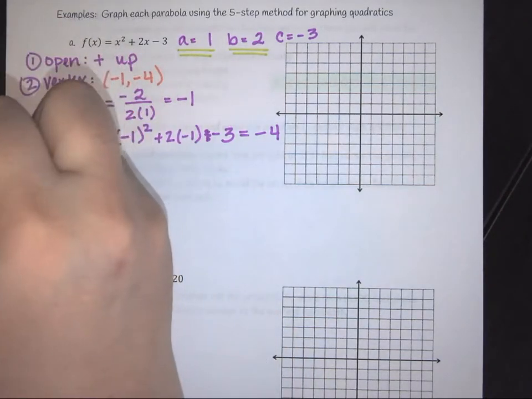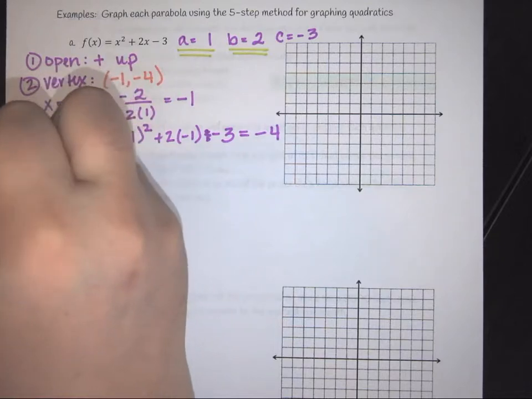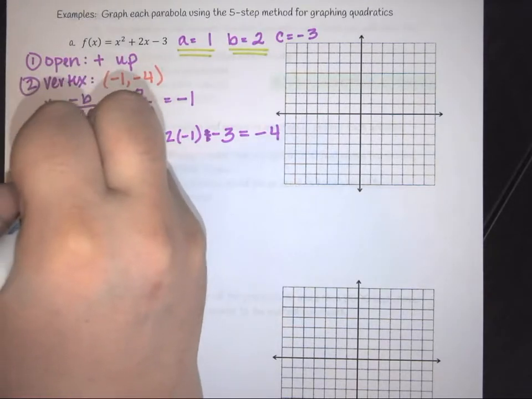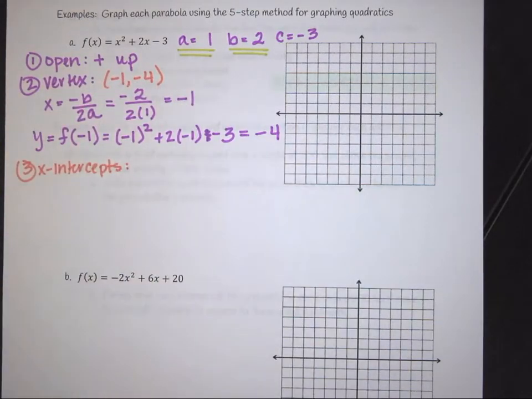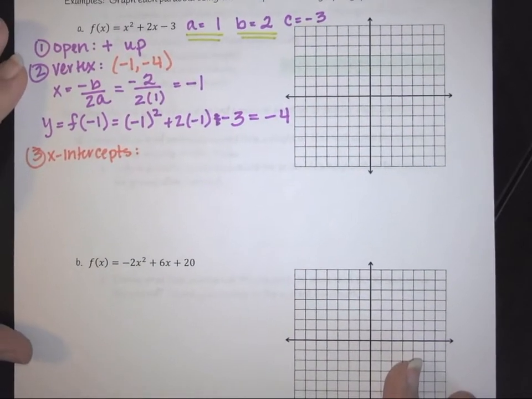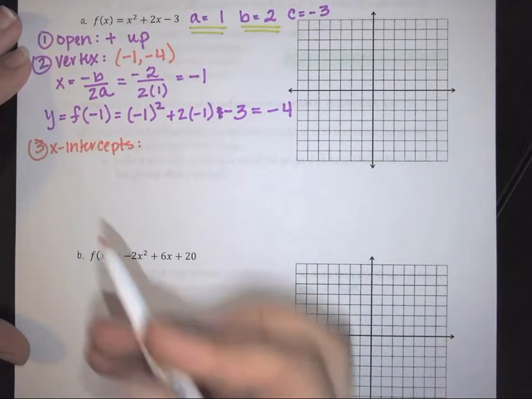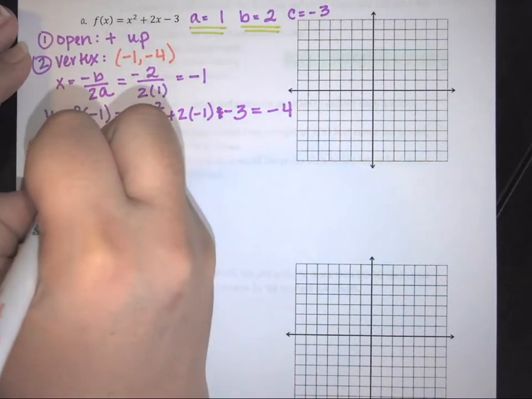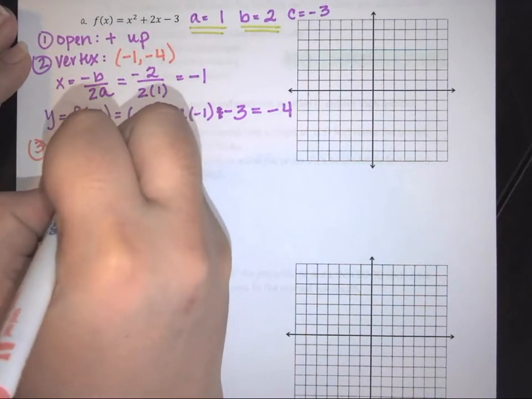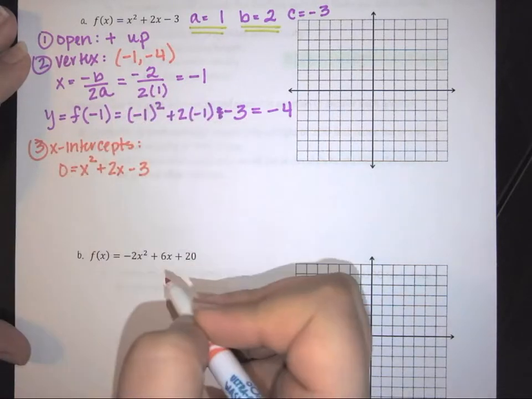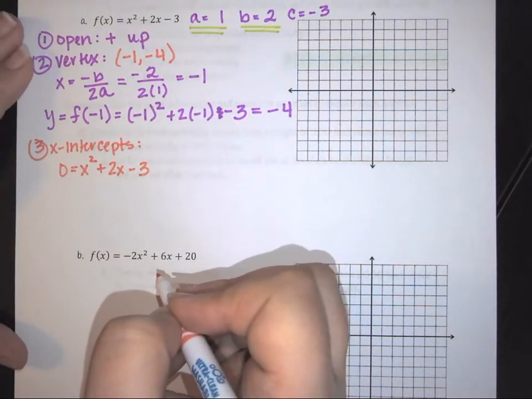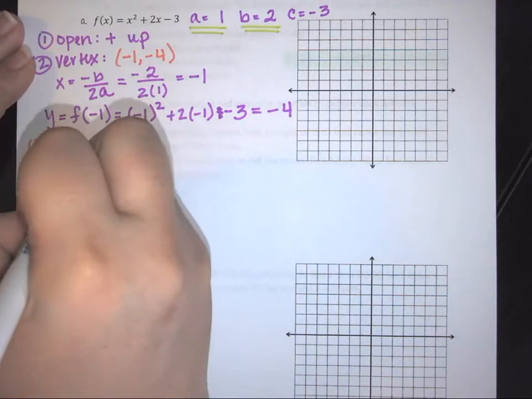So now the third thing that we need to do is look for any x-intercepts that we may have. To do that, we need to take our equation and solve the quadratic. So 0 is equal to x squared plus 2x minus 3. We can solve this equation by factoring.